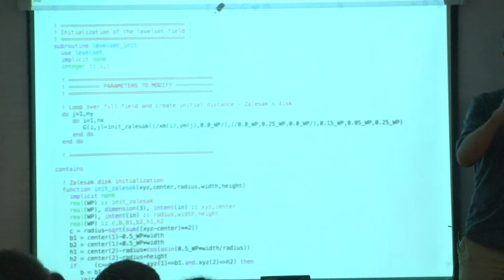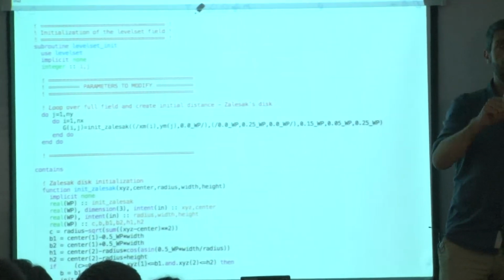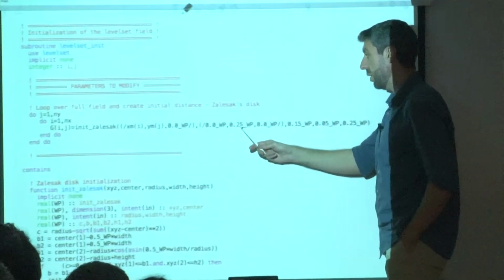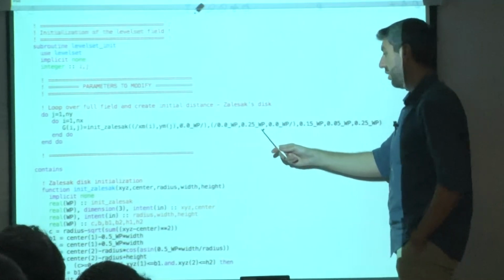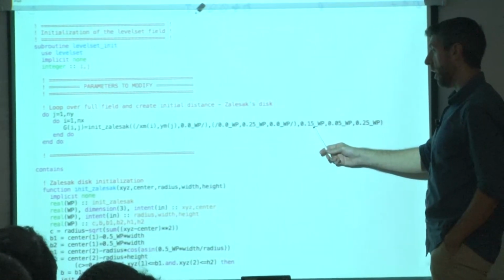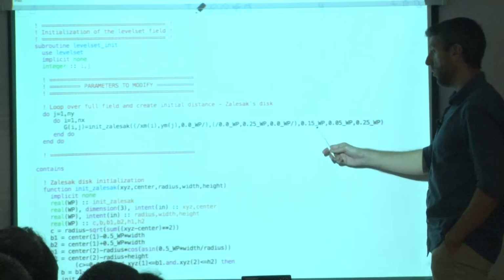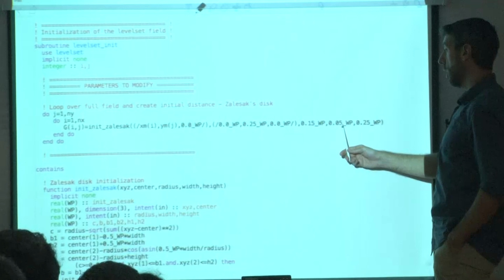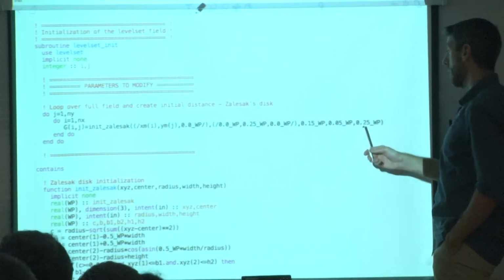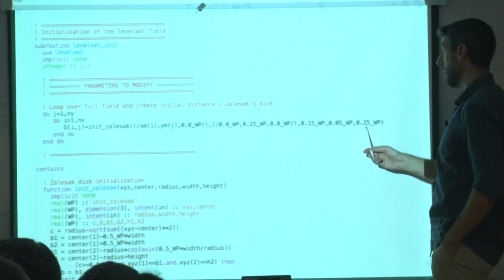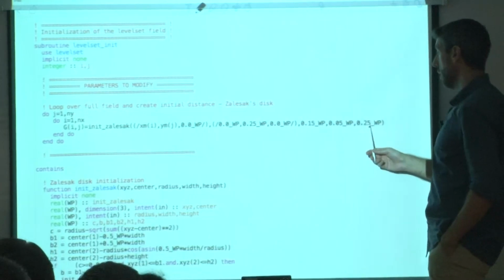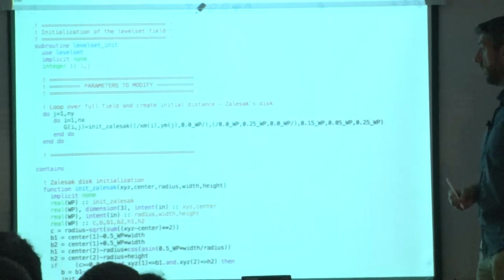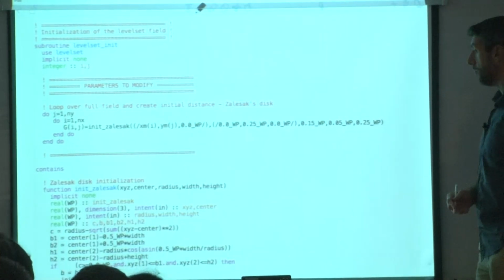A quarter of the domain above the middle, I'm going to center my disk. The disk is going to have a radius of 15% of my domain. It will have a notch width of 5% of the domain, meaning a third of the radius, and a notch height of a quarter of the domain. And that's it. Okay?